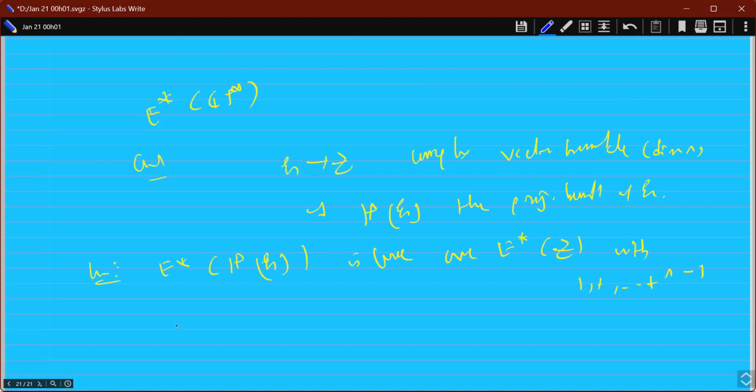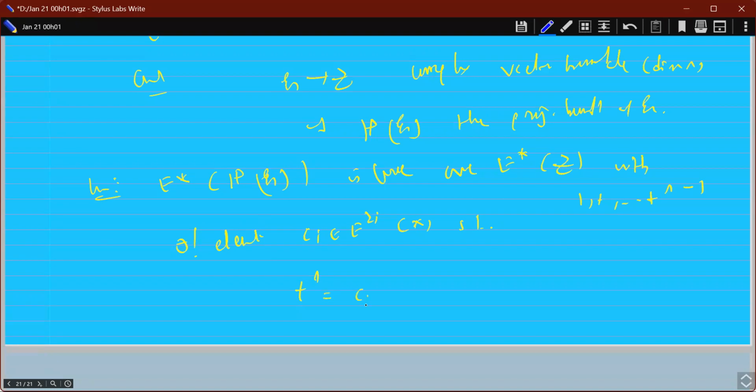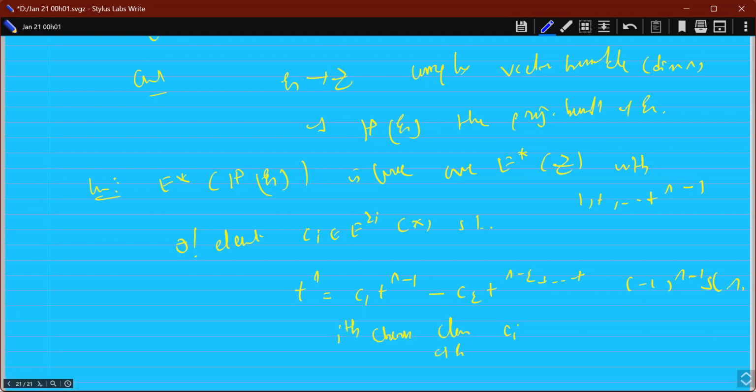Now there exist these unique elements such that this is where we define the Chern classes. So this is the i-th Chern class, c_i.